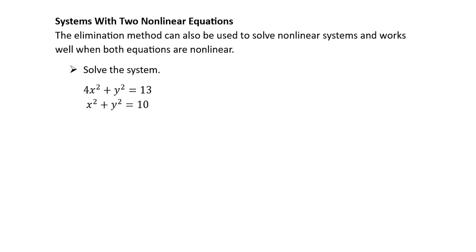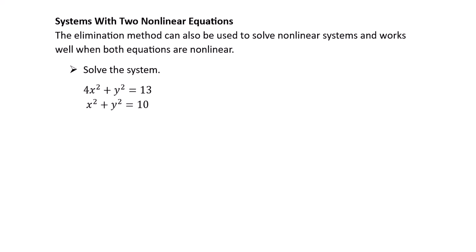Now, systems of equations with two nonlinear equations. We have an elimination method that we can use also. Remember, we use those with linear systems. But this works really well with a system that has two nonlinear equations. So let's use that for this system.